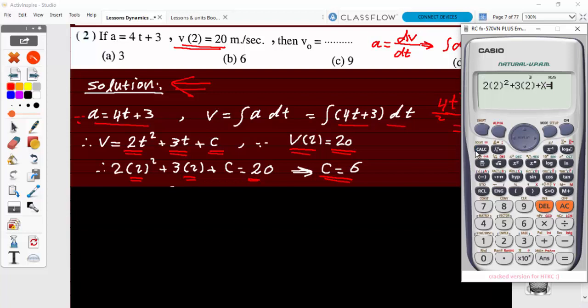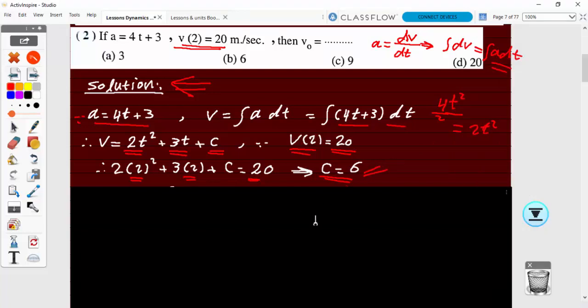Here alpha calc, you will get equal. Don't write equal from here, and the result equals 20. Now we want to solve for x. What is the value of x? So shift solve. The result here equals 6, and here we can write c equals 6.